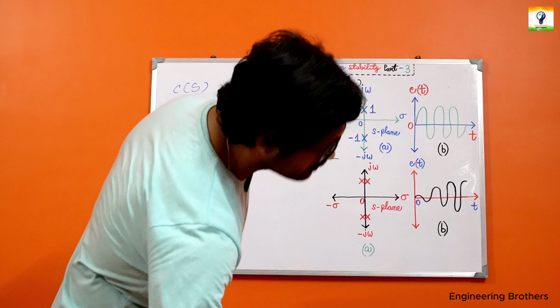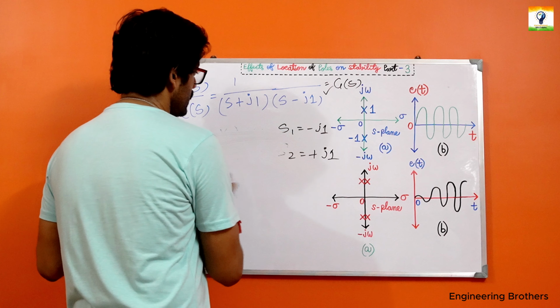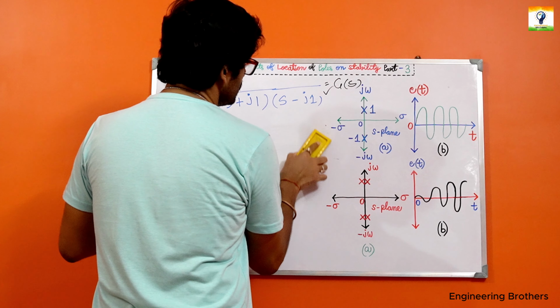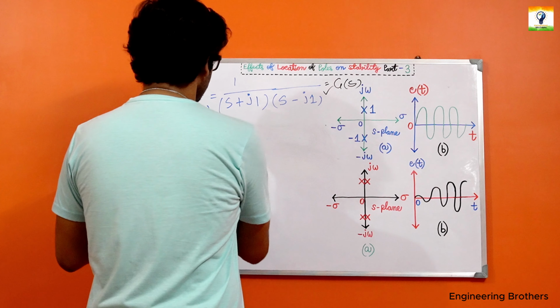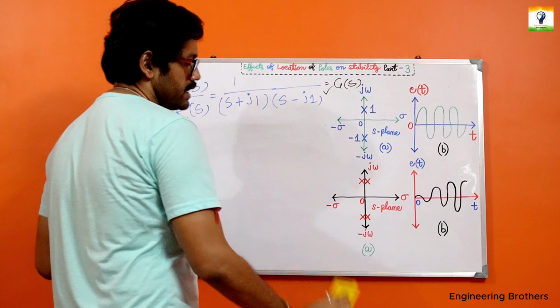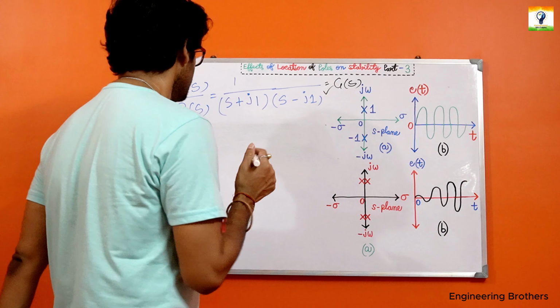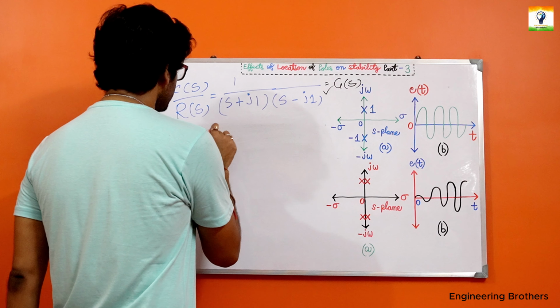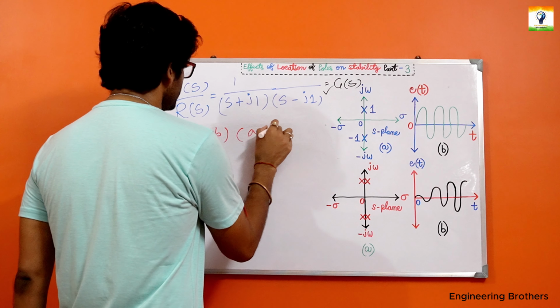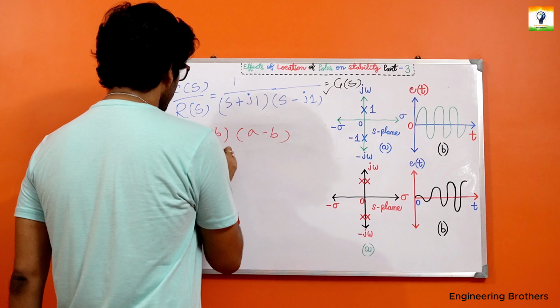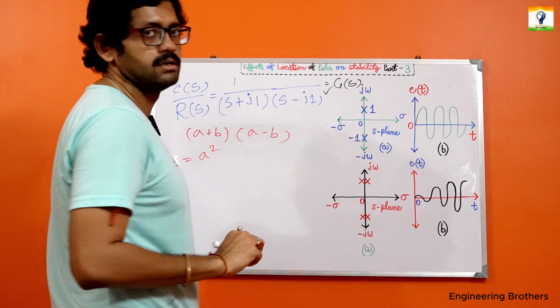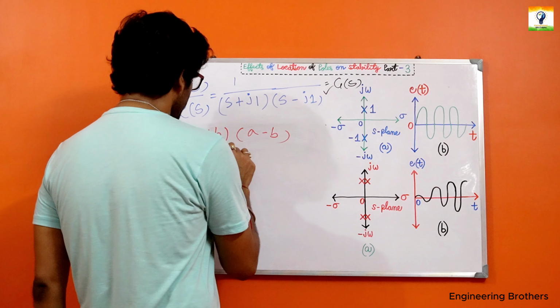Now quite naturally, we do require to solve this given expression or equation over here. And how do you solve that? I do require the complex analysis, and this one will be our formulation of (a plus b) and (a minus b), and according to our considered formulation, the exact formula will be a square minus b square.